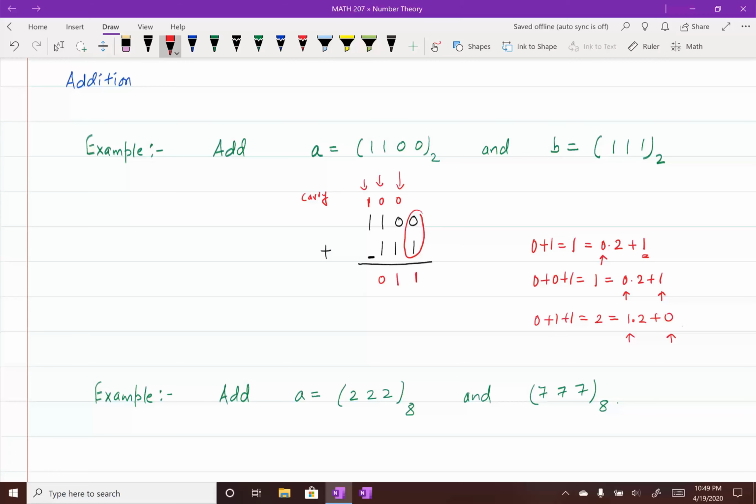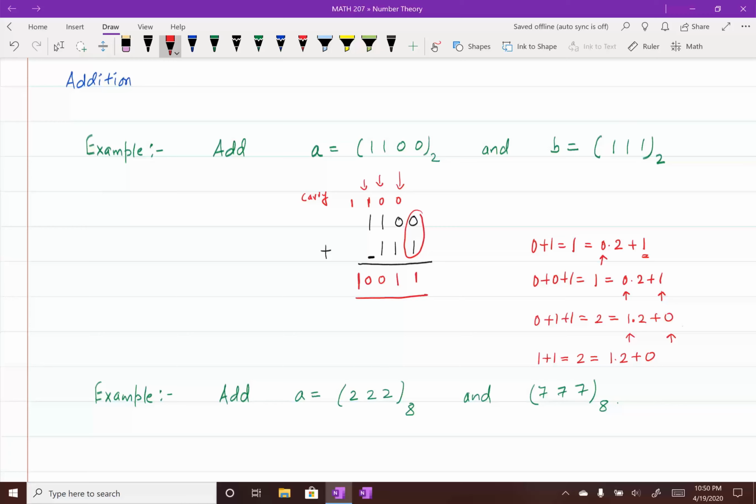So this time you have to add 1 plus 1, which is 2, and 2 you can write as 1 times 2 plus 0. So again you write a 0 and take a carry of 1, and next time you just have a 1, so you put it here, okay.